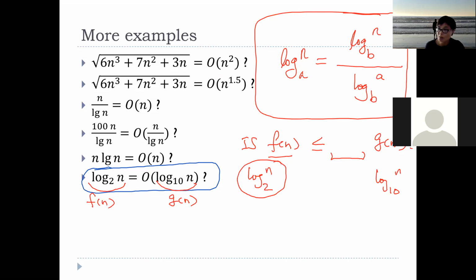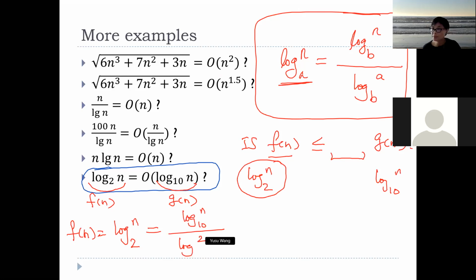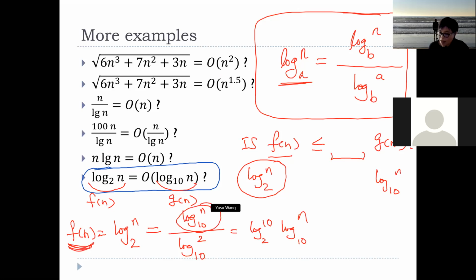So apply this change of base formula. What we have is the following: f of n equals log n base 2, which by the formula is the same as log n base 10 divided over log 2 base 10. In fact, it doesn't even matter. What we have is that now we rewrite f of n to be g of n times some constant.